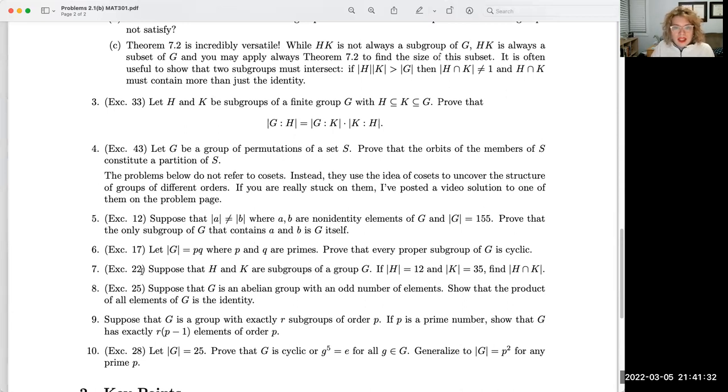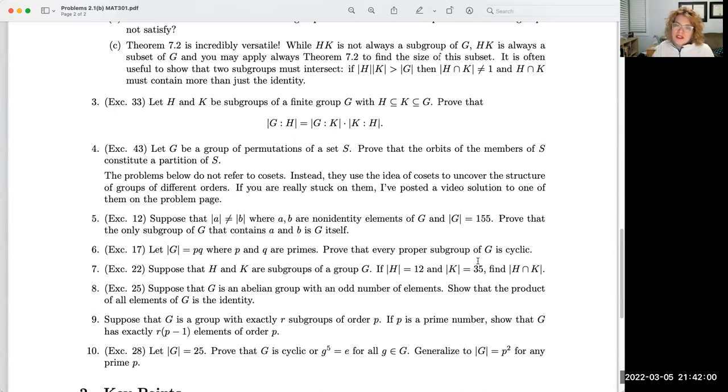In exercise 7, we want to find the intersection of a subgroup of order 12 and a subgroup of order 35. And again, it comes down to factors. So the factors of 12 are 1, 2, 3, 4, 6, and 12.